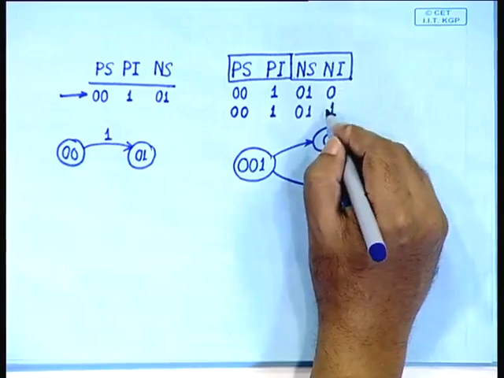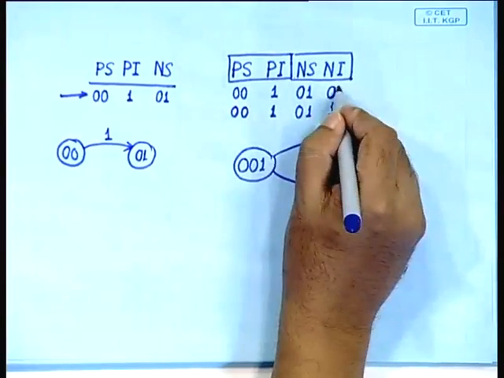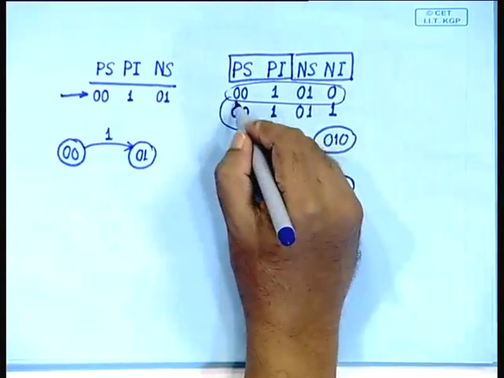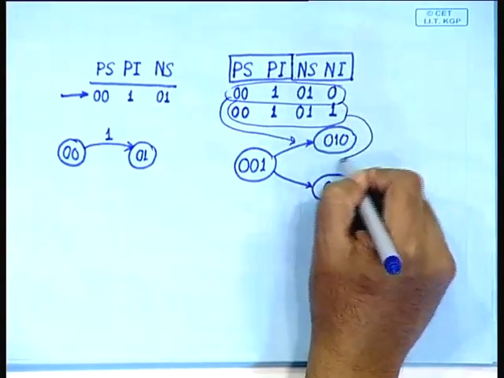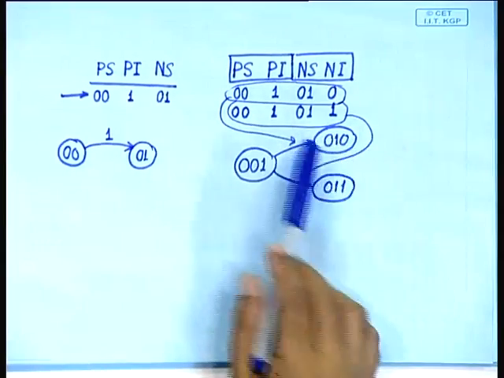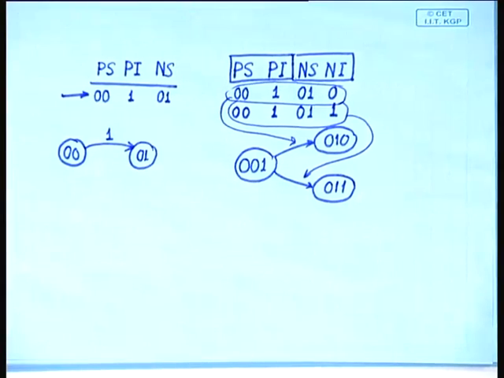This transition 0 0 1 to 0 1 0 is this one, and this transition is this one, 0 0 1 to 0 1 1. Is that clear? So, this is the transformation that we use to transform a finite state machine having inputs to a Kripke structure, right.